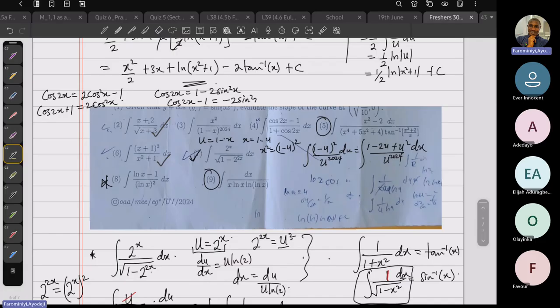So you have the numerator to become minus 2 sine squared x, and the denominator to become 2 cos squared x. So the question is the same thing as minus sine squared x over cos squared x. So think of a way to finish that from there. If you cannot get it, you let me know. I can write it out tomorrow.